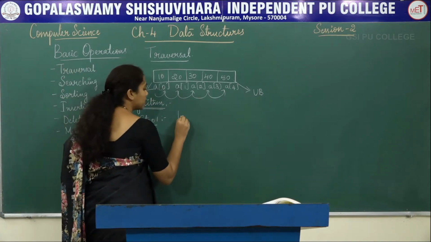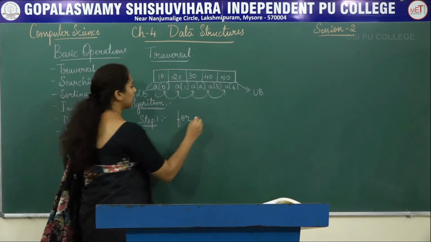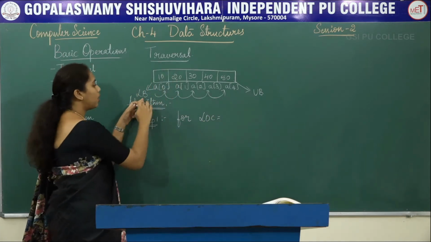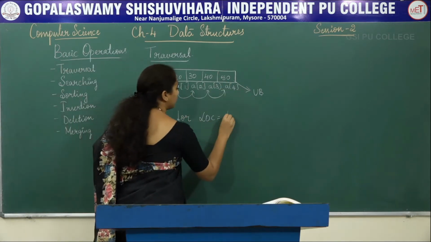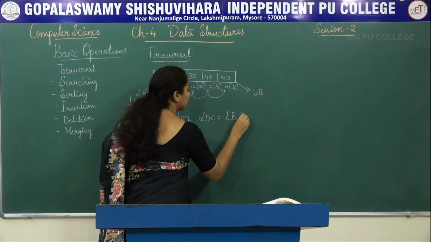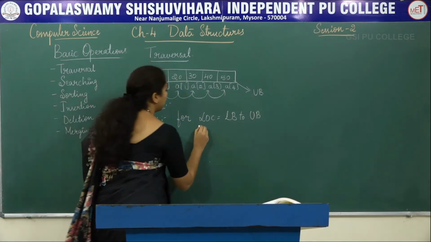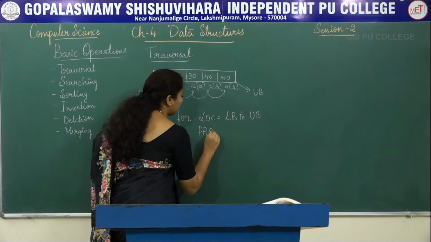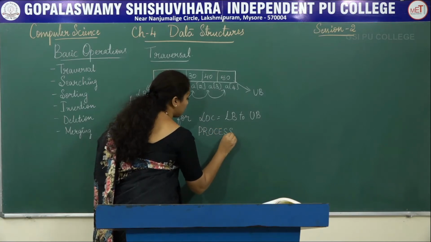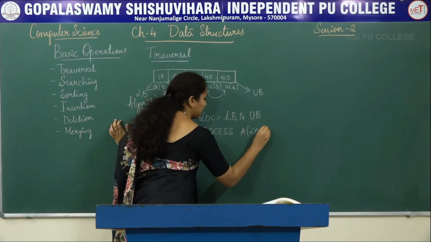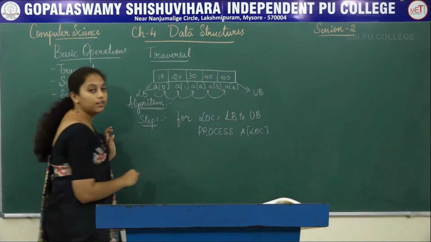So we are using a for loop. For location is equal to lower bound to upper bound. So we are performing here the process operation. Process A of location.